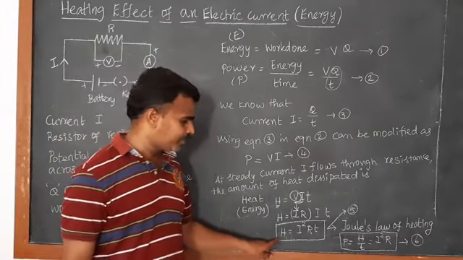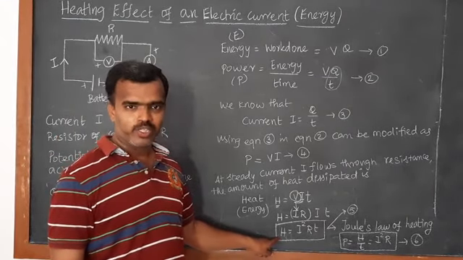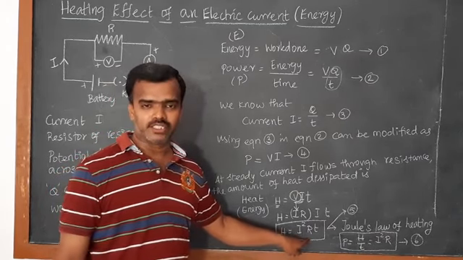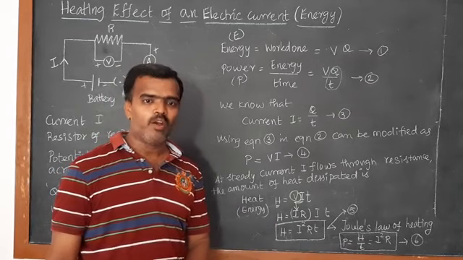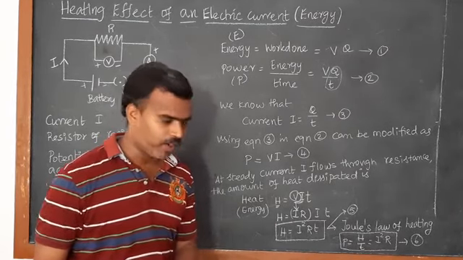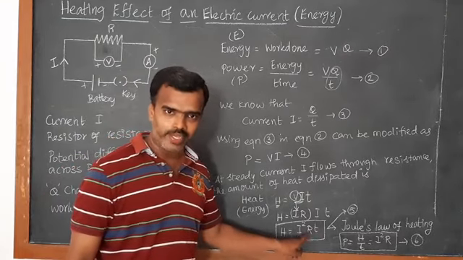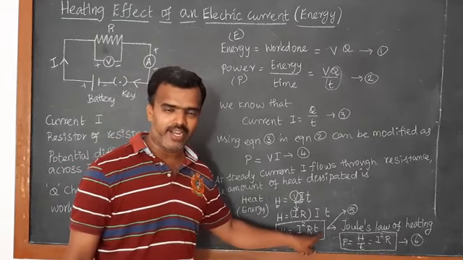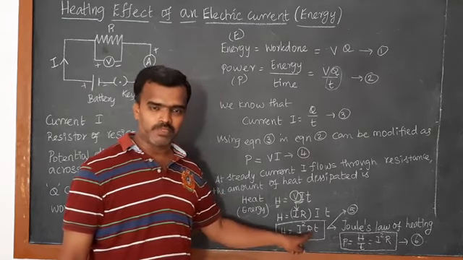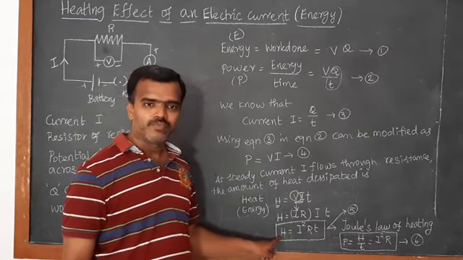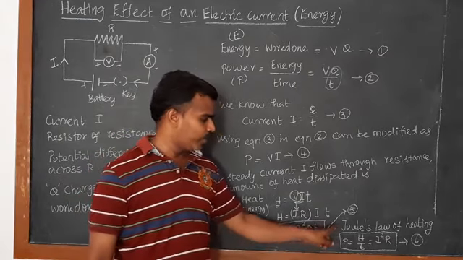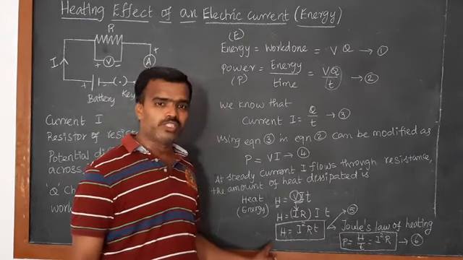Therefore the heat produced in a circuit is directly proportional to the square of the current, the resistance and the time. The heat produced in an electrical component depends upon I square, the resistance R, and the time T. This equation is called Joule's law of heating.